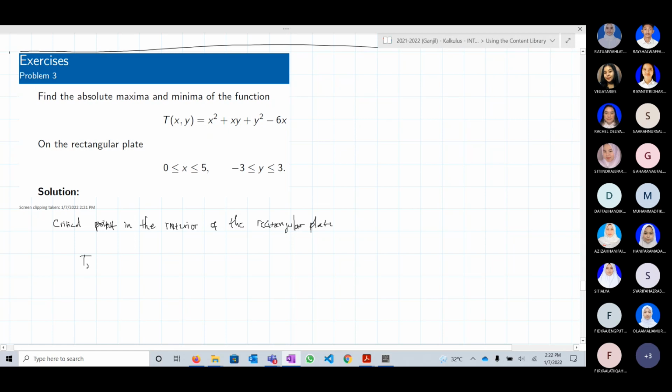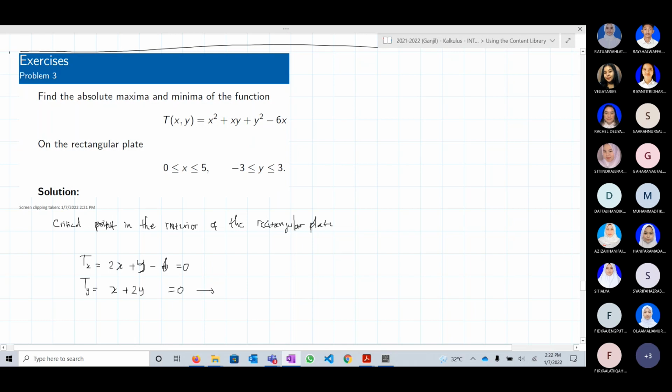By finding the first derivative, Tx is 2x plus y minus 6. We make it equal to 0, and Ty, which is x plus 2y, equals 0.